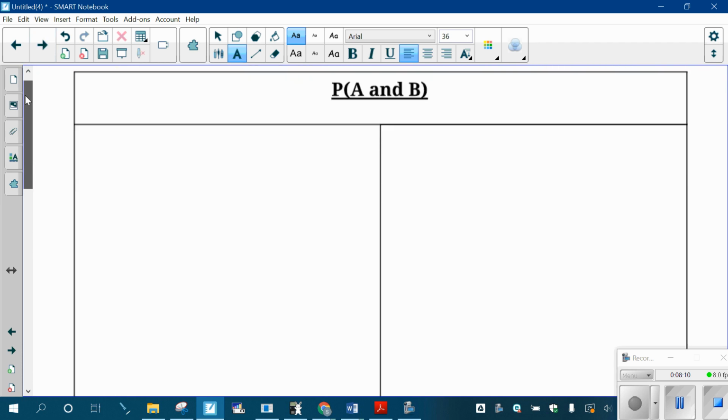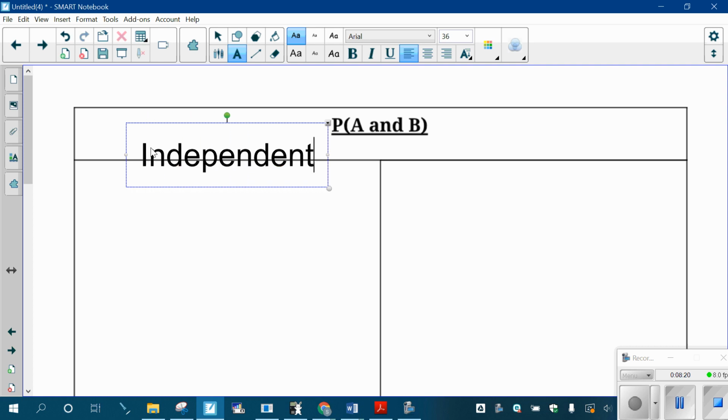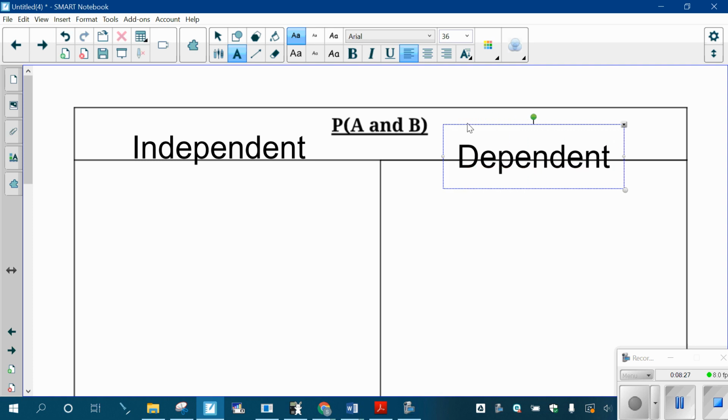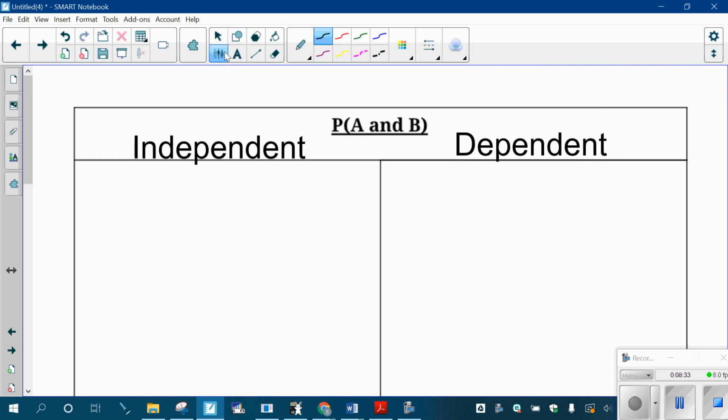So we have 2 different scenarios here. One of them is when the 2 events are considered independent, and the other one is when the 2 events are considered dependent. Independent is what you saw in example 1 and 2, number 1 and number 2 earlier.